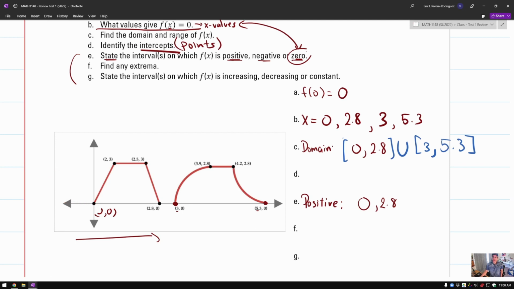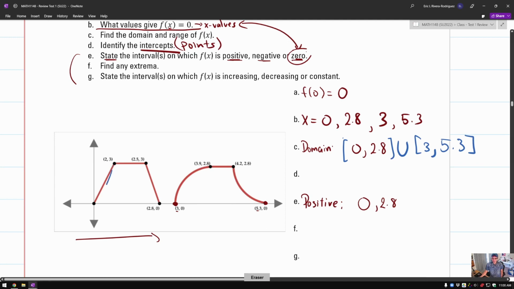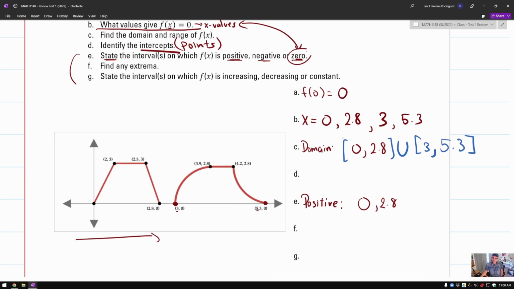So we are looking for the location of the graph. When I say location, the x values that give a positive value to the function. That is represented here in this region, because this part of the graph is above the x-axis. So here we have positive values.